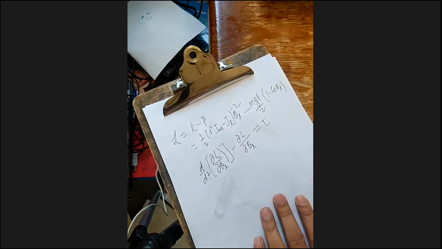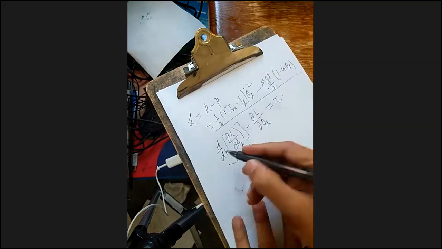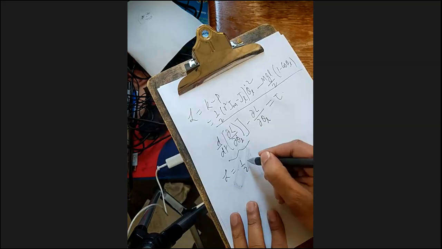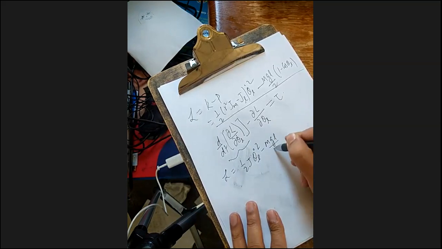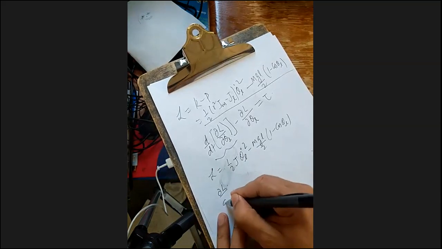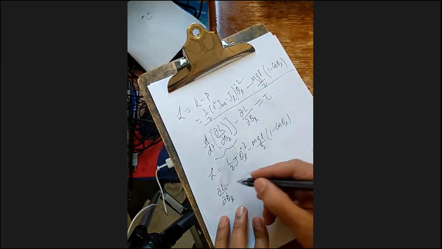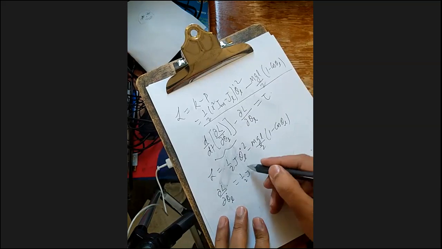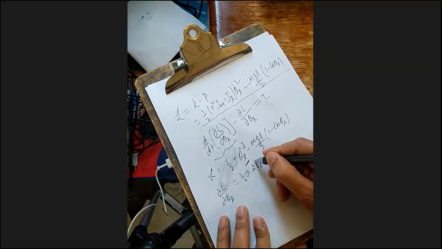So what is the first term? Let me rewrite this Lagrangian. My Lagrangian is 1 over 2 J theta L dot squared minus mg L over 2 times 1 minus cosine theta L. So what is the partial of the Lagrangian with respect to theta L dot? 1 over 2 J, and the partial of theta L dot squared is 2 theta L dot, right?